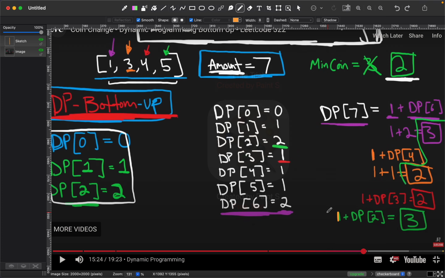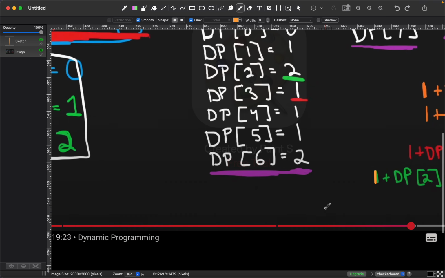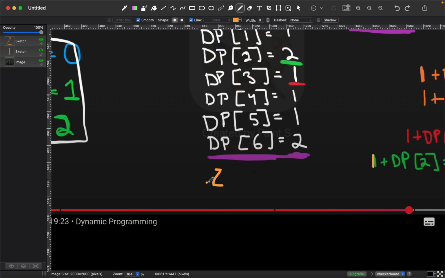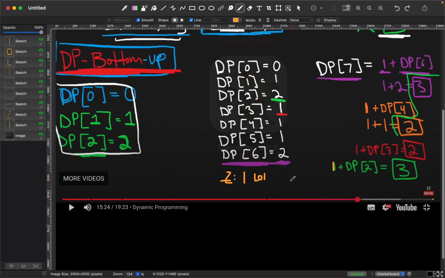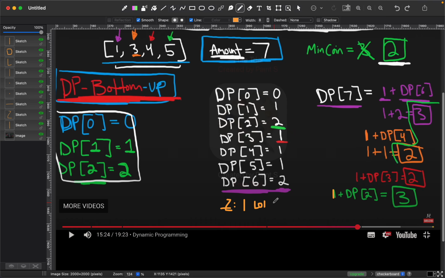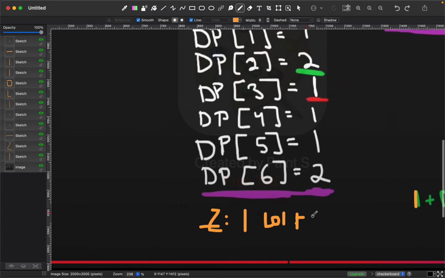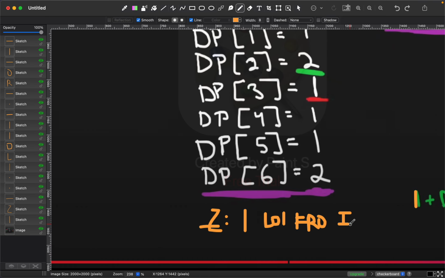When they say 1, it's like saying that, okay, operation Z, I'm taking 1 coin from my in array. So that's what this 1 represents.